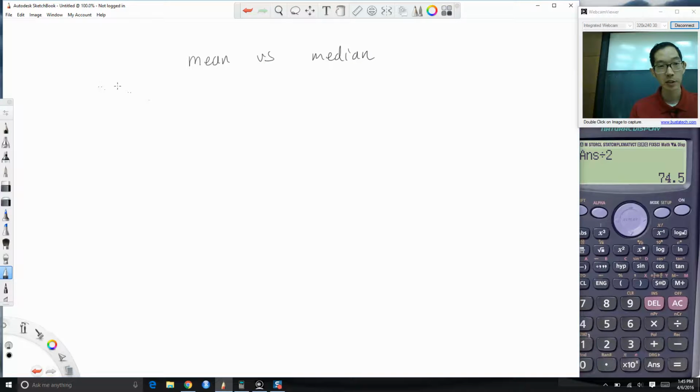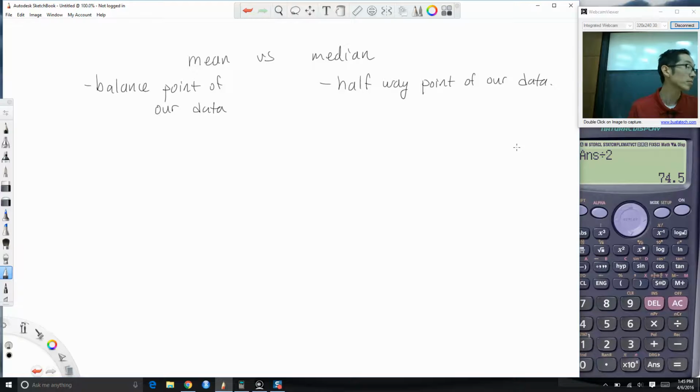What is kind of the conceptual definition of the mean? The balance point of our data. Okay, what would the conceptual definition of the median be? We will say this is the halfway point. Okay. The mean is or is not affected by extreme values?